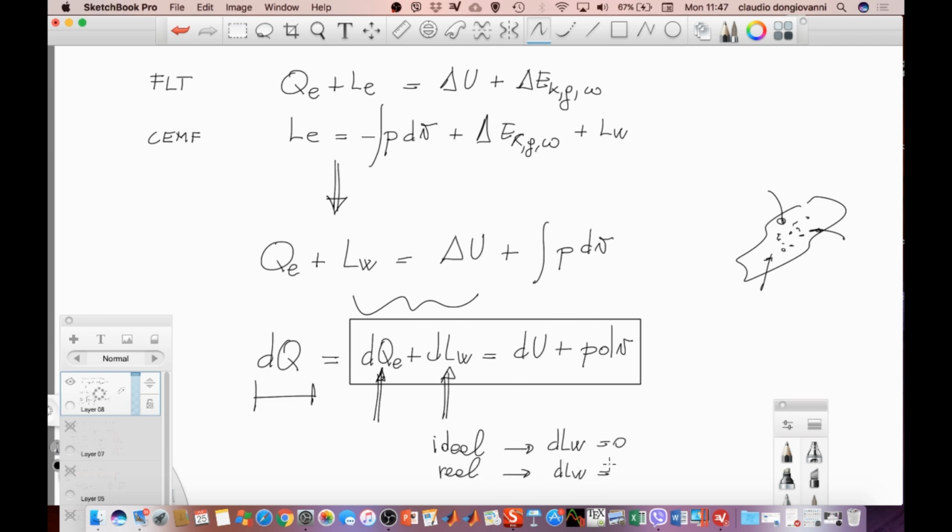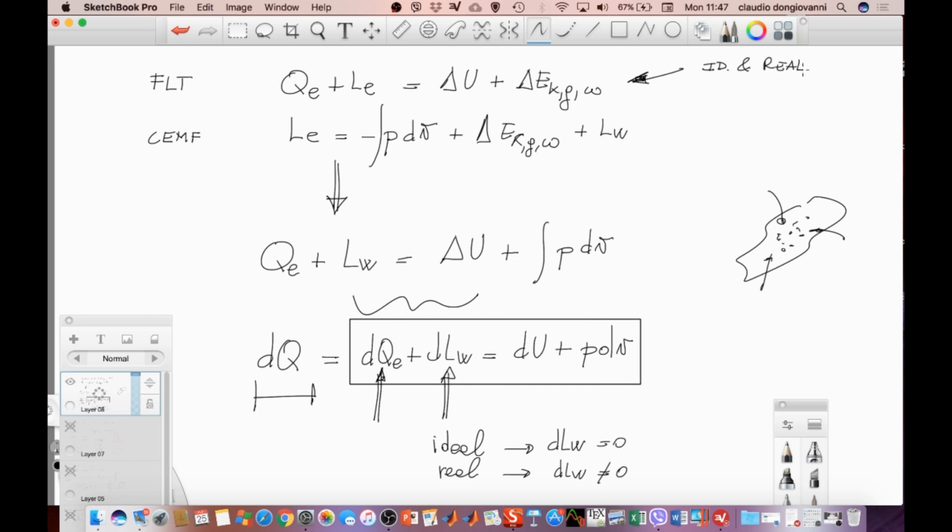Thanks to this relationship, we are able to do the calculation in both cases without knowing the value of LW. This relationship is always true. It is true for ideal and real cases.